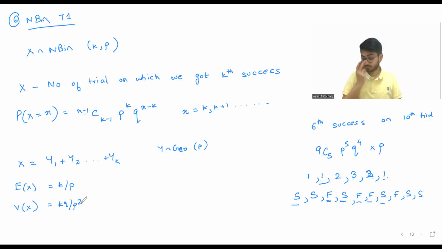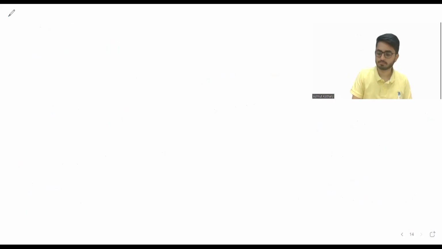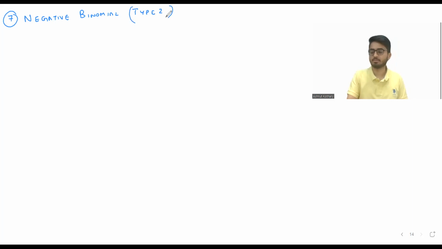Next, give the heading negative binomial type 2. Now, by observation, can you tell me what this should look like? In type 1, what was x?